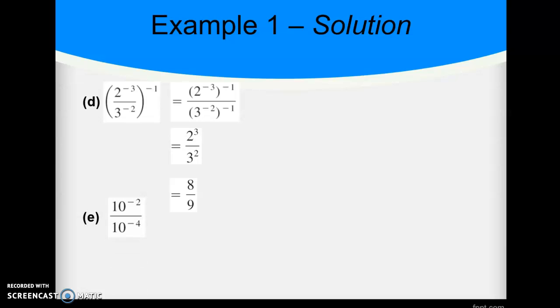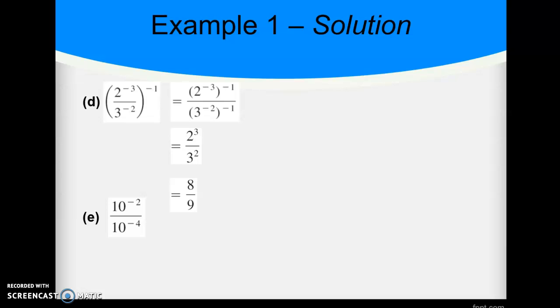Looking at E, this is one where I notice both the power in the numerator and the power in the denominator have negative exponents. I want to get rid of them. So this is what I was emphasizing in class, that if you have a fraction and parts of that fraction have negative exponents, just move those parts to the other location.